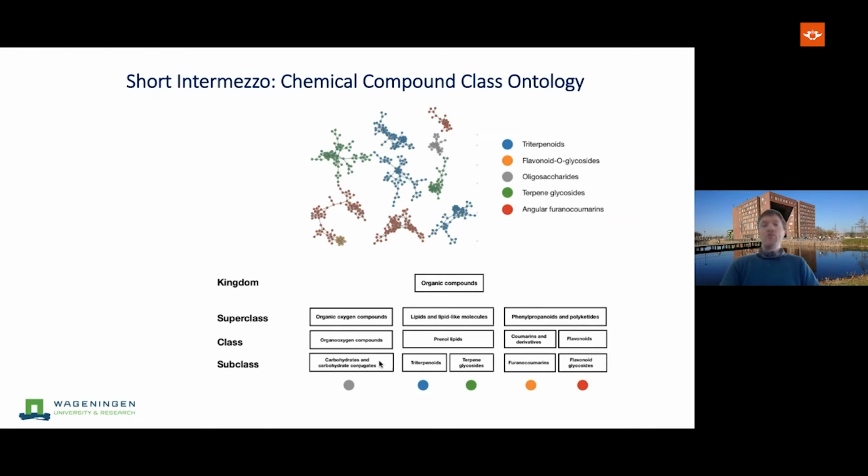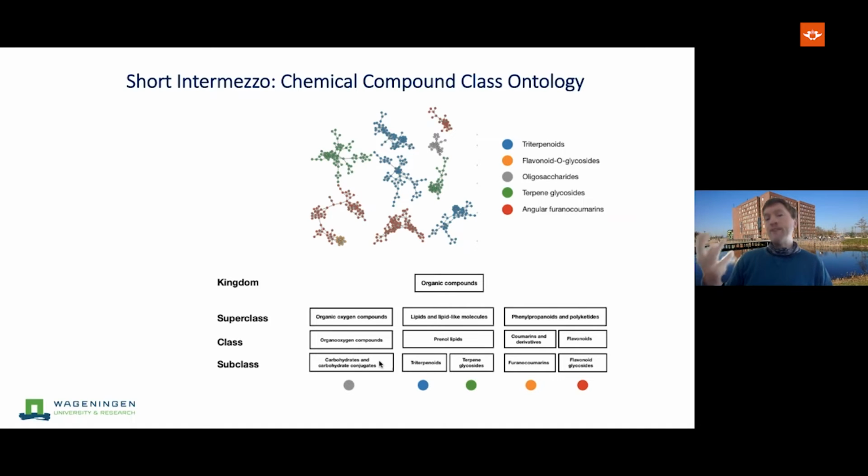What's also good to realize is that we have more and more computational support, and it's really nice to see how the labs of Dave Wishart and Pieter Dorrestein and others have been cherishing these chemical compound class ontologies.